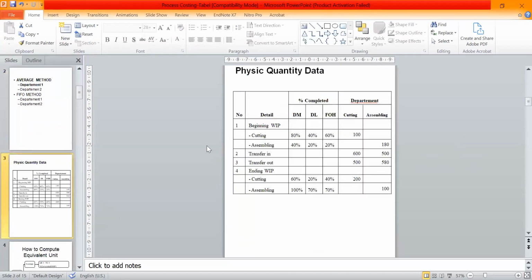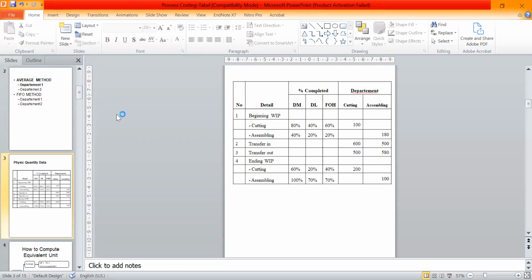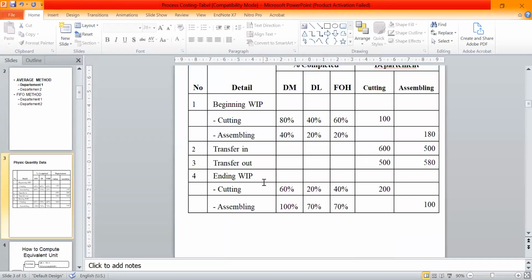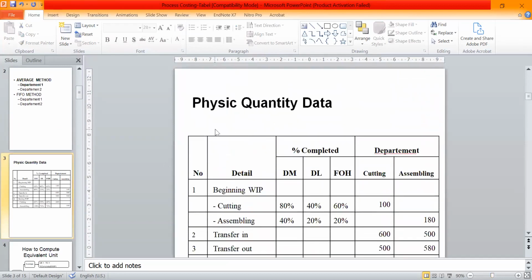So this is the quantity data about the case that we will discuss together. This is the quantity data that we have to input into the production cost statement.